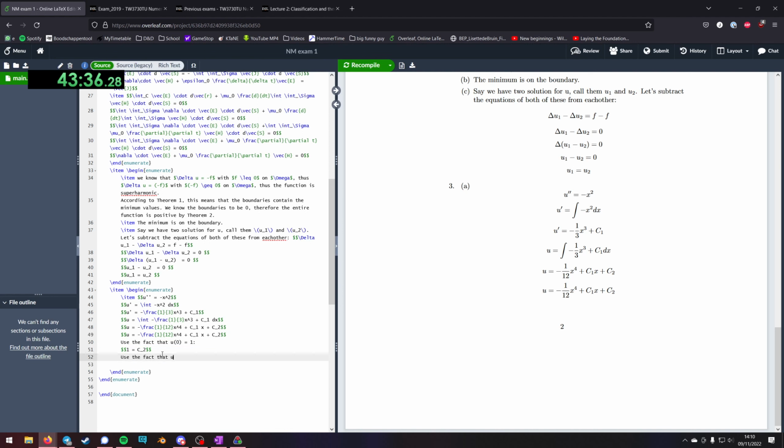Use the fact that u(1) is 1, and fill the rest in here. 1 is c1 plus 1. So there we go. Negate 1, move this to the other side of the equal sign. 1/12 is c1. So then we get the solution, which is this with the constants filled in.